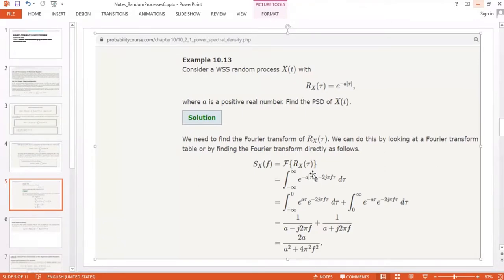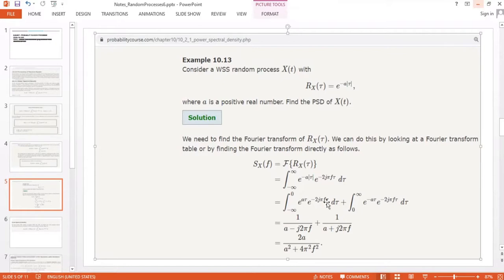To integrate this, we have to use this definition of absolute of tau: it equals minus tau if tau is less than 0, and it equals tau if tau is greater than or equal to 0. So we split this domain into two domains, and we have substituted the definition of absolute tau because it has two different definitions in two different domains.